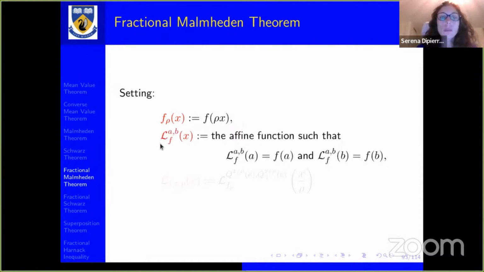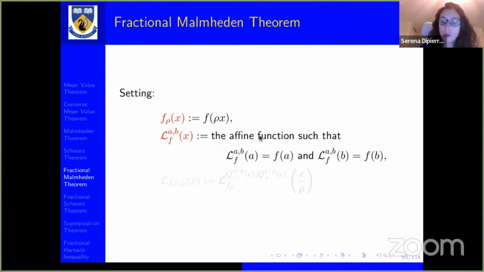And then I will call the affine function f(ab) the affine function such that this function evaluated at a, so at the first endpoint, is equal to f of a, and the same function evaluated at the second endpoint is f of b. Okay, so this is like we did in the classical case. We are trying to take the affine function passing through a point in the ball connecting basically two endpoints.